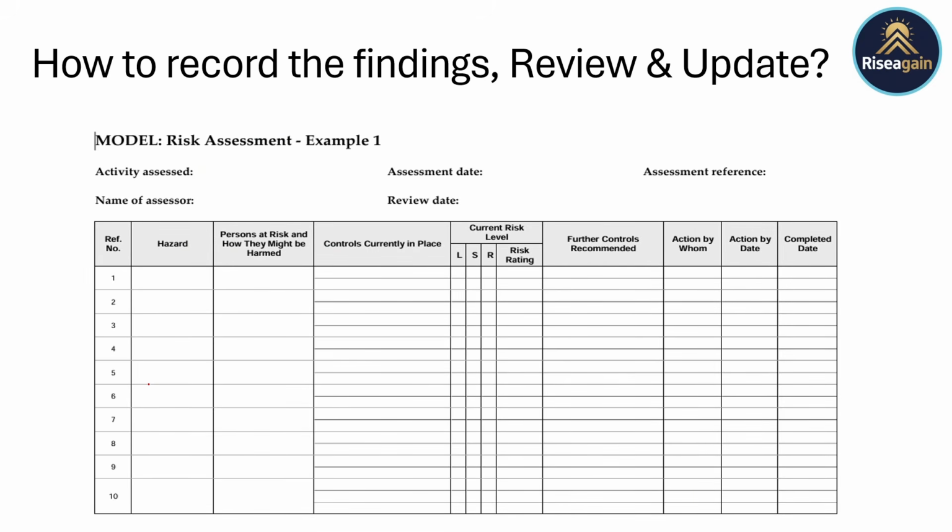Again, the last topic is how to record the findings, review, and update. Once you identify the hazard based on the previous slide, you need to put here the hazards, then the persons at risk and how they might be harmed.